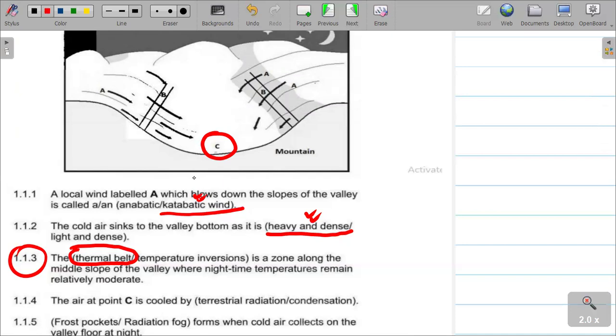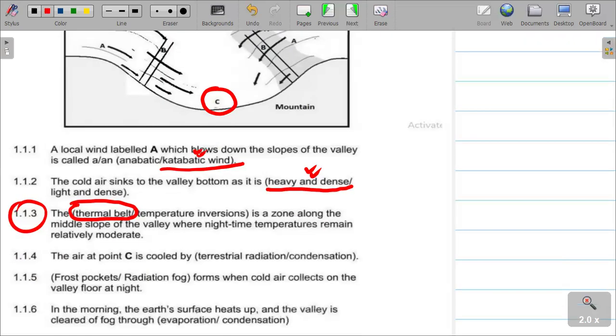It is because of terrestrial radiation. We are saying terrestrial radiation is the evaporation or the movement or the release of heat from the land or from the river into the atmosphere.